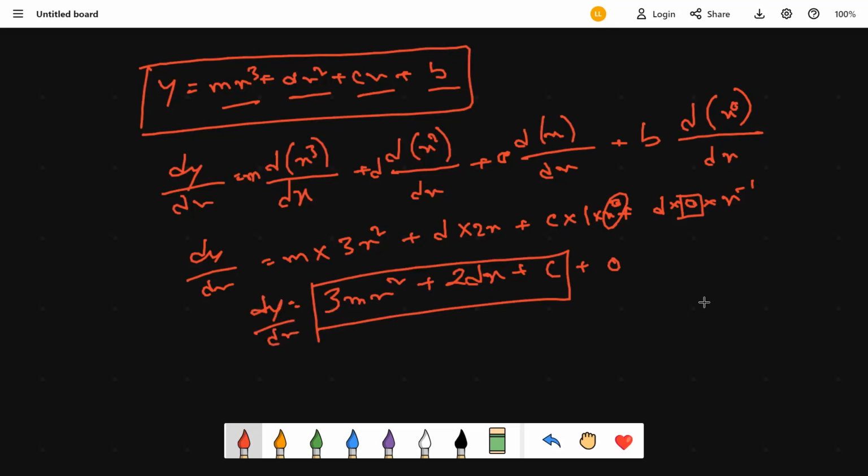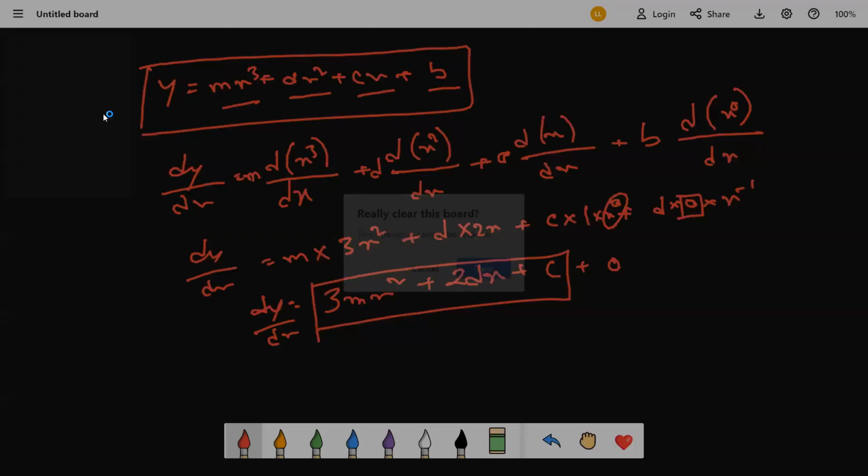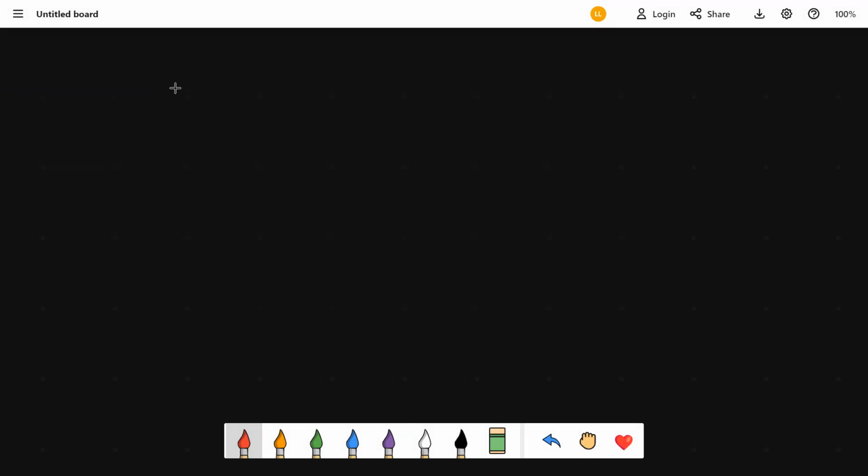Now talking about this, let's say we have an equation in this form: y equals x squared multiplied by root over (4x plus 6) cubed.